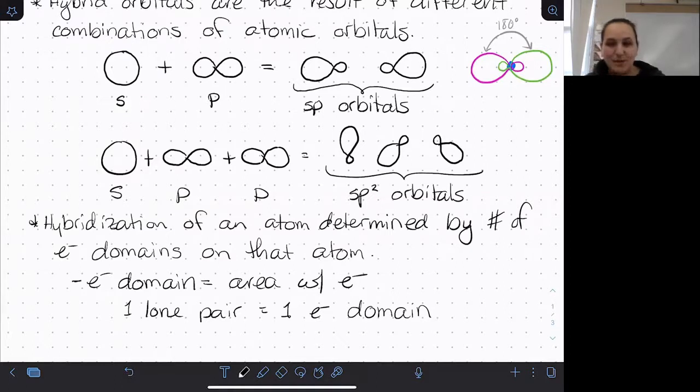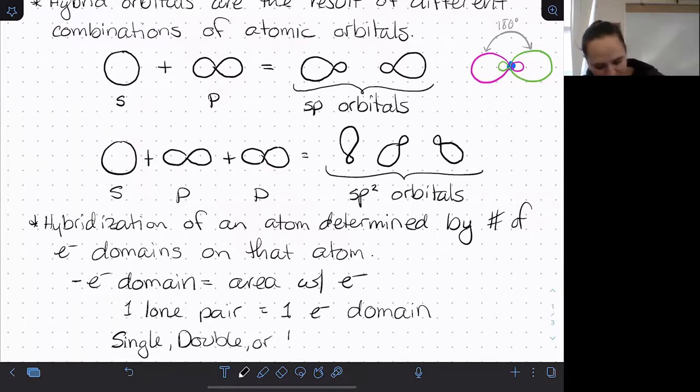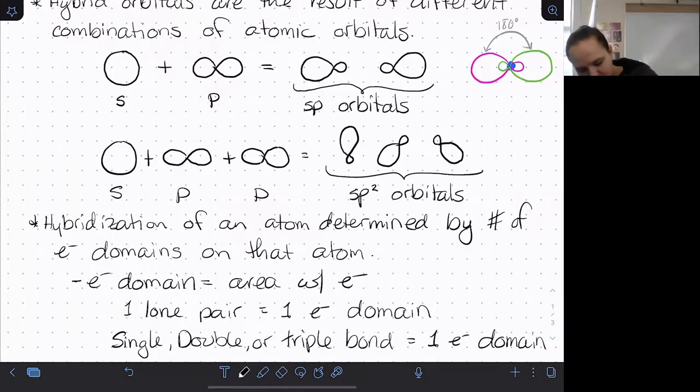And any bond is 1 electron domain. Single, double, or triple bonds is 1 electron domain. So a single bond is 1, a double bond is 1, a triple bond is 1 electron domain.